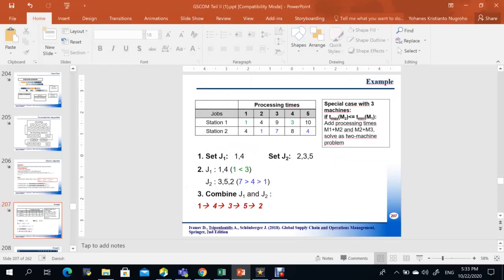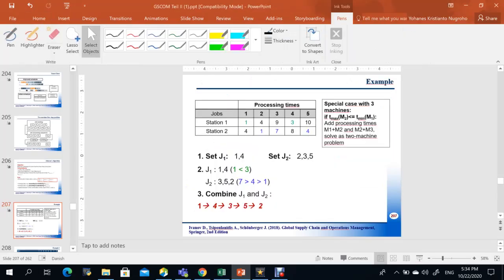So here, right here, for 1 and 4, here 1 is lower than 4, here also 3 is lower than 8, and therefore we take jobs number 1 and 4 all together and make set J1.